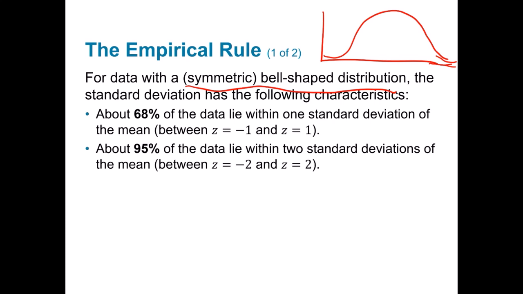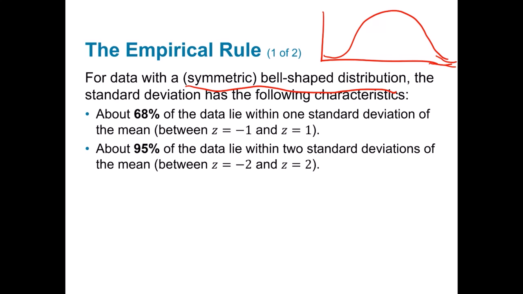95% of the data is within 2 standard deviations of the mean. So 95% of your data is between -2 and 2 for your z-scores. See how we're using those z-scores to make a ruler now, and we're extending it out a little bit. Now remember what I said about standard deviations: I said most of your data values would be between 1 and 2 standard deviations of the mean.